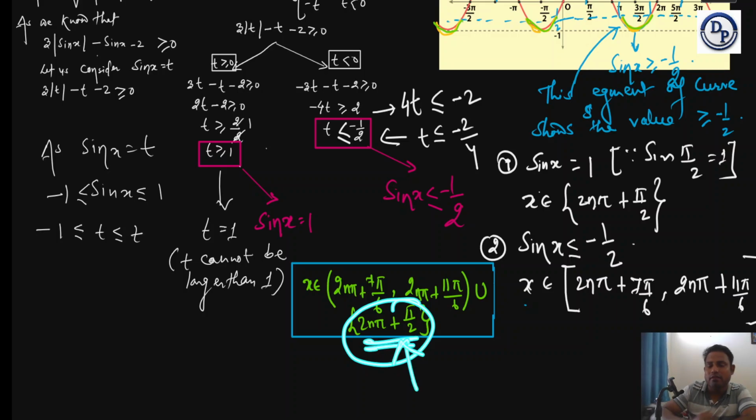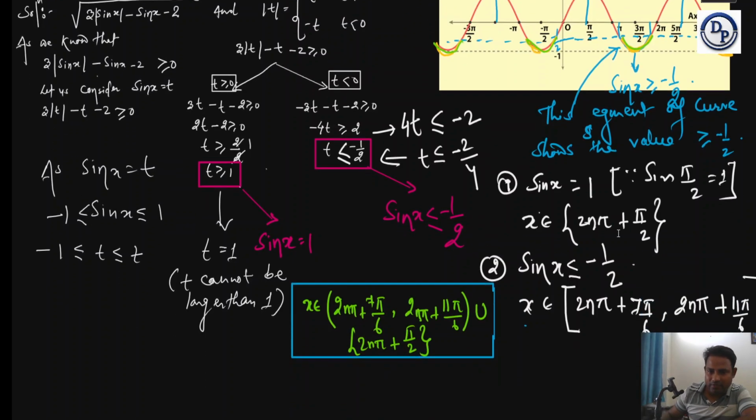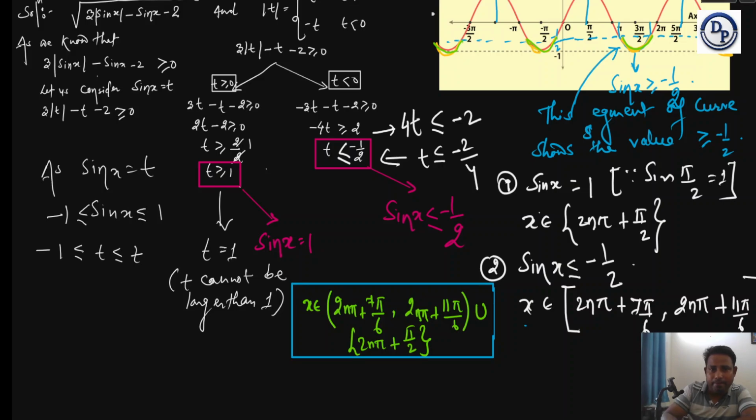Therefore, I put each in a set, because each is a value. This is one value, this is another. So we have to place these values in a set. Therefore, I placed this value in a set. This is a close bracket, not open. Okay, this is the final domain of the function.